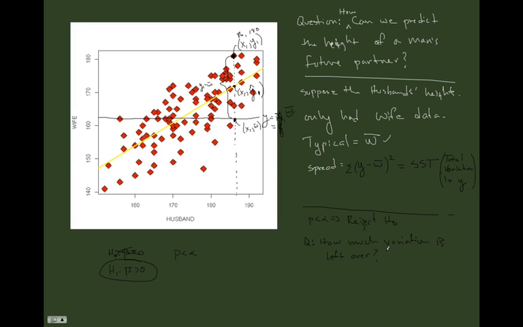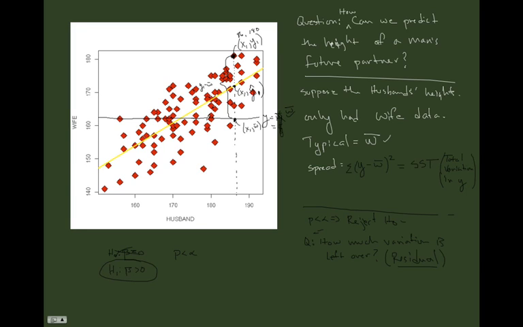The stuff that's left over is called residual. So if we're able to reject the null, we have a small p-value, so we reject the null. Next question is, how much variation is left over? What's the residual variation?